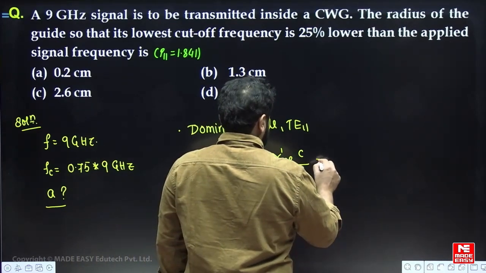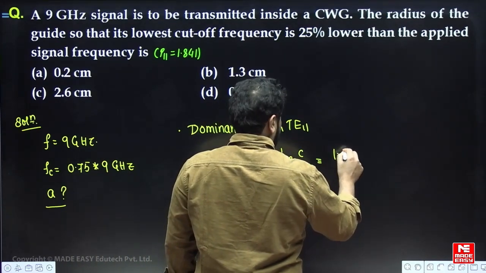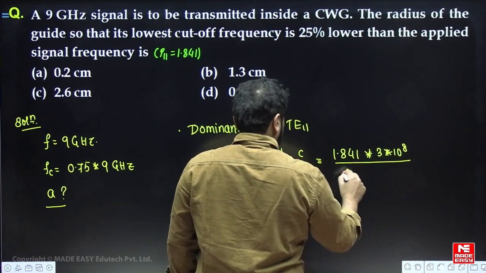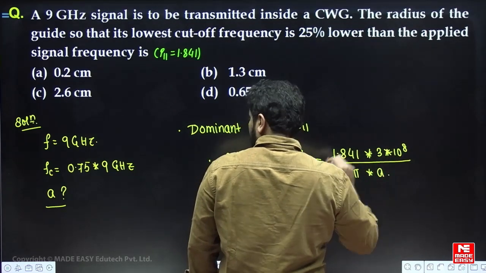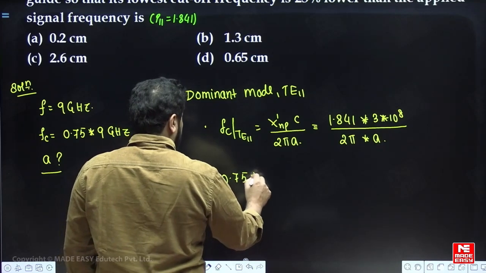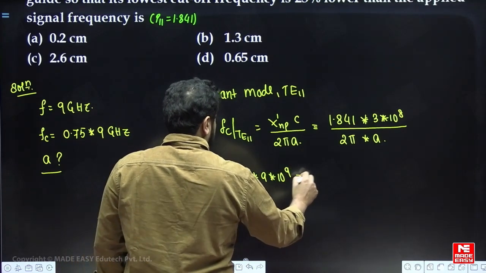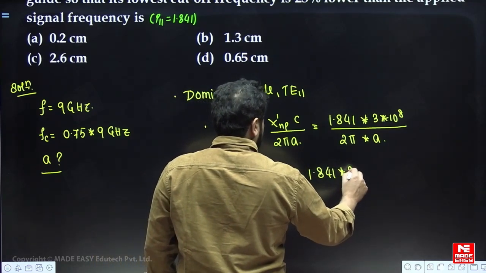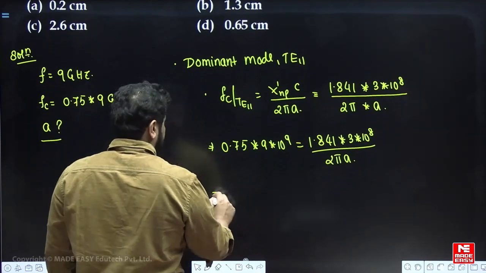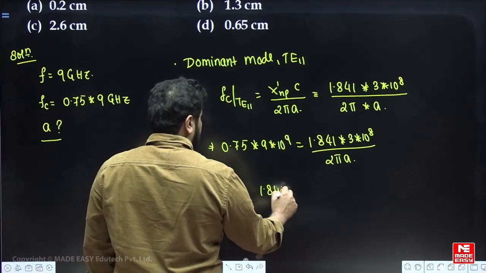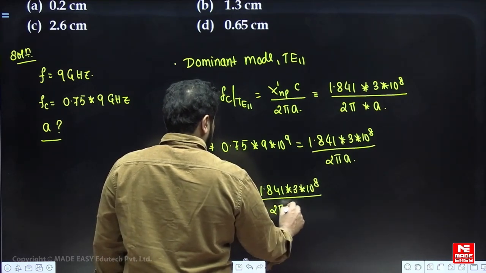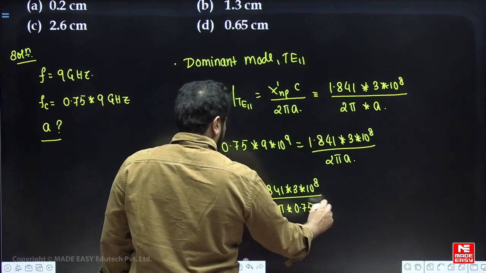Here P is given as 1.841 multiplied by 3 into 10 to the power 8 divided by 2 pi into A. Now this cutoff frequency is given as 0.75 into 9 into 10 to the power 9, which is equal to 1.841 into 3 into 10 to the power 8 divided by 2 pi A. So from here I can easily calculate the value of A. So A is equal to 1.841 into 3 into 10 to the power 8 divided by 2 pi into 0.75 into 9 into 10 to the power 9.